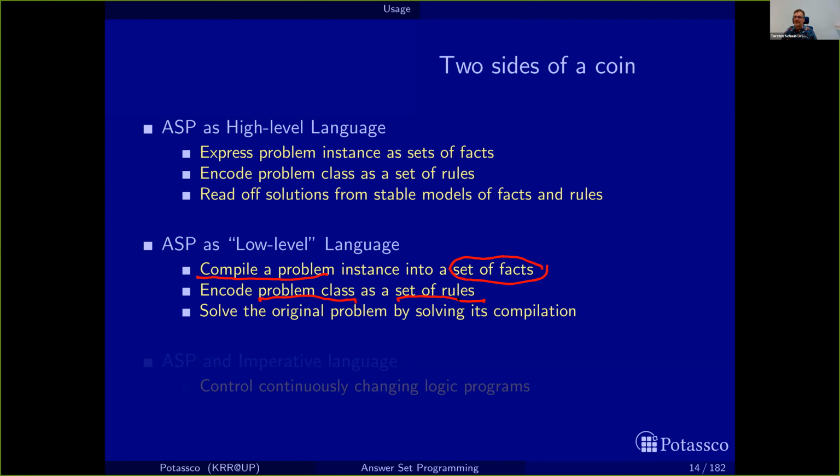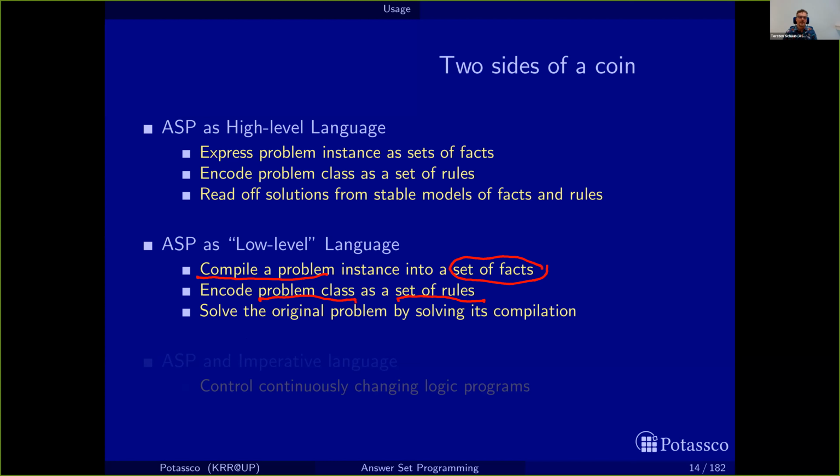Because then you have the encoding of the problem in ASP, you can read it, you can nicely manipulate it. It's, as we see later, elaboration tolerant. It's not buried in the code of a compiler. And that's a big advantage for maintenance, but also when using ASP systems. Then, of course, you solve things as above by just reading off the solutions.